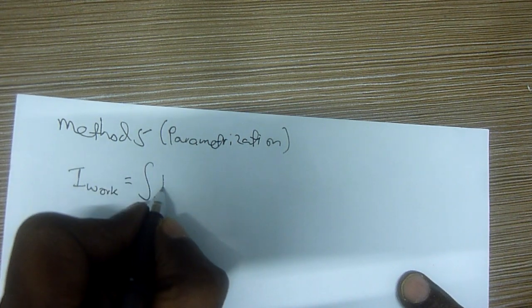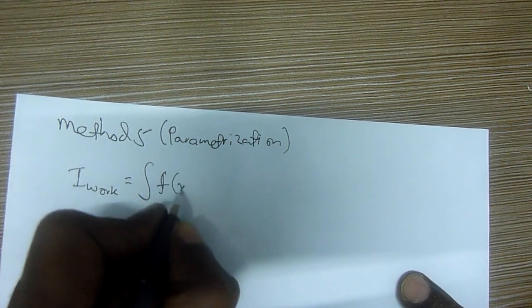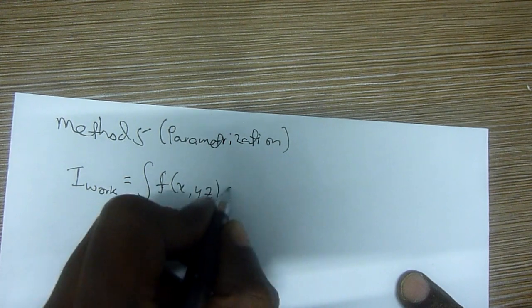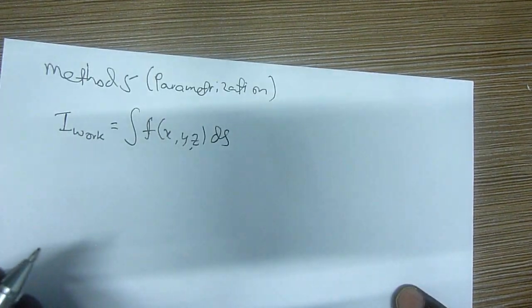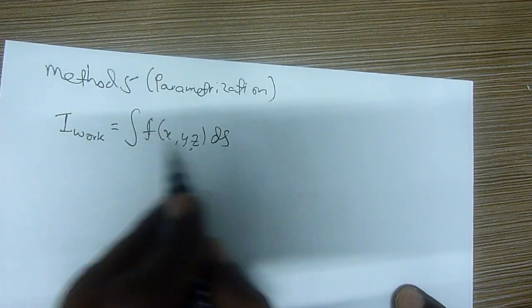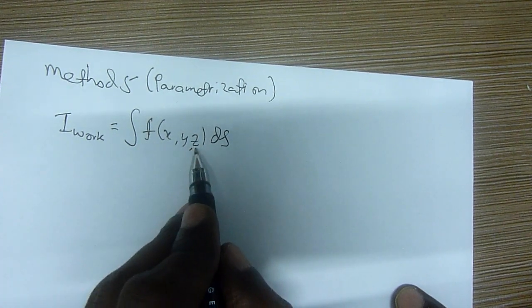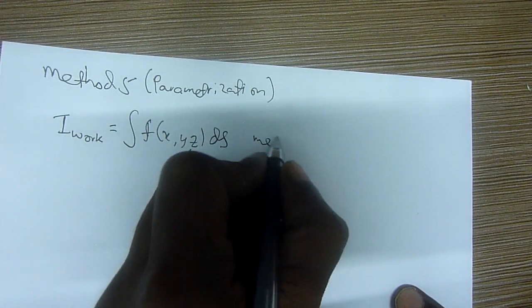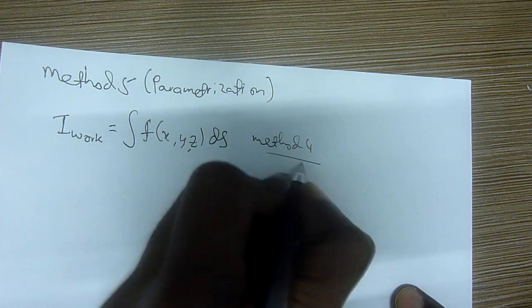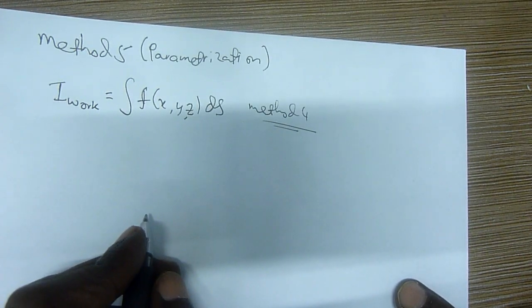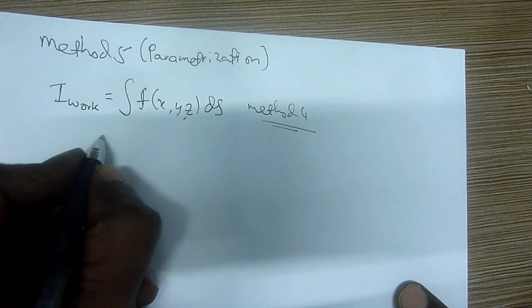For f x y z ds, we are combining the ds again. This is from method 4 that I introduced to you. Now we change this method to parametric.